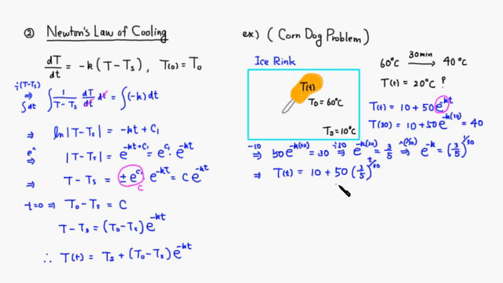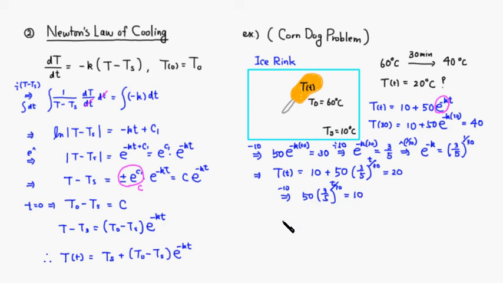So we want to know the time when this becomes 20. We're going to set this equal to 20, and then we can just solve this equation. I'm going to subtract 10 from both sides. So you have 50 times 3/5 to the t over 30th power is equal to 20 minus 10, which is 10.